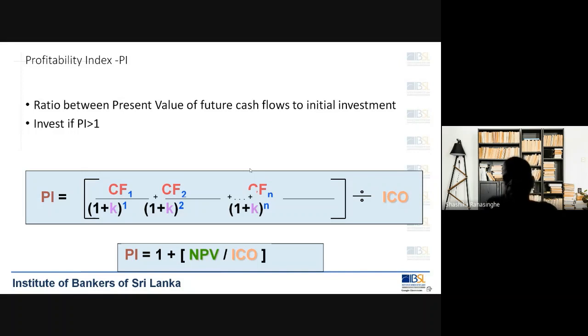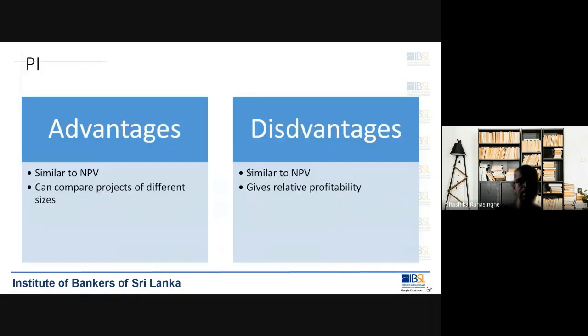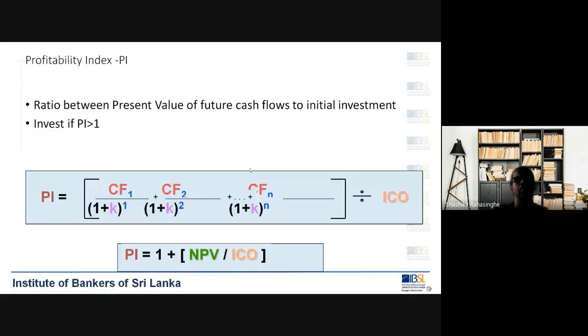Let's take project A. Shall we calculate the profitability index for project A?